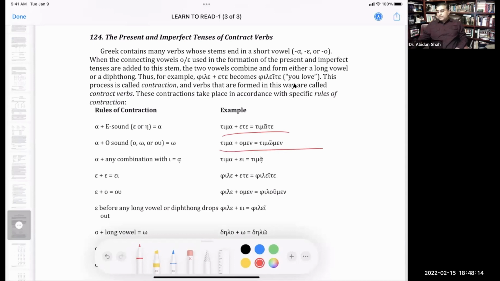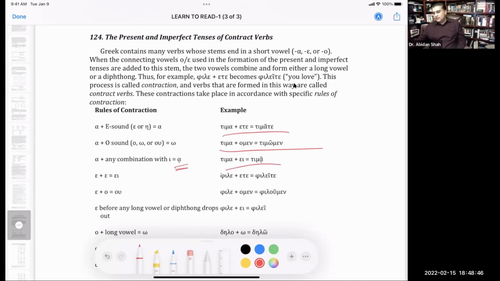And then alpha plus any combination with the iota takes on the iota subscript, as you see here. I covered that in one of the videos. Make sure you watch them. So tima plus alpha equals tima, but this is alpha with the iota subscript, not aleph. I'm not teaching Hebrew here. With the alpha and the iota subscript.